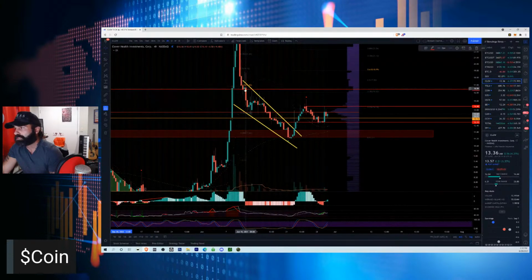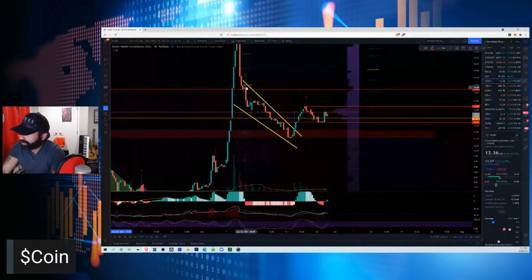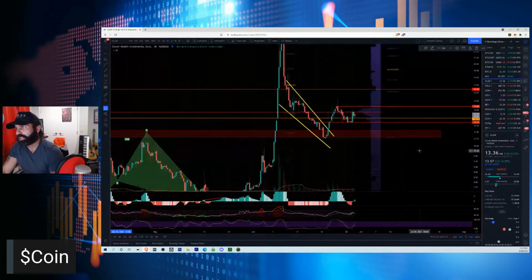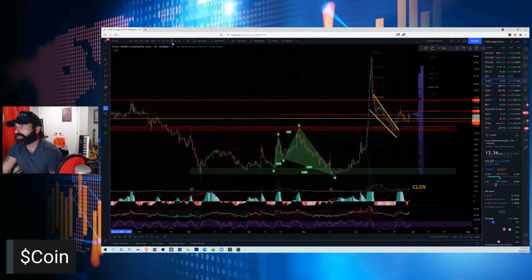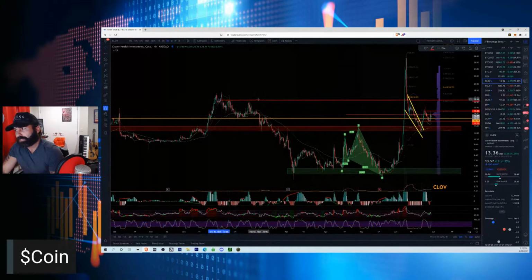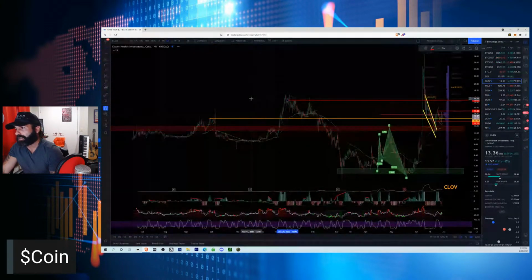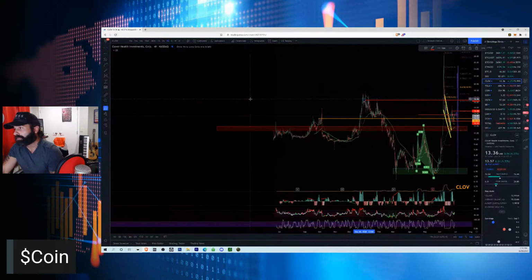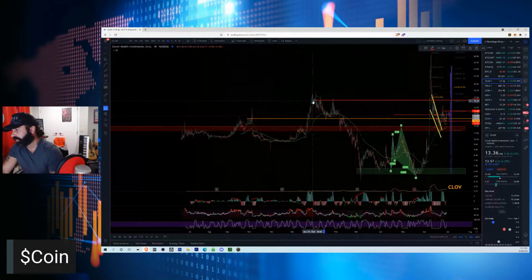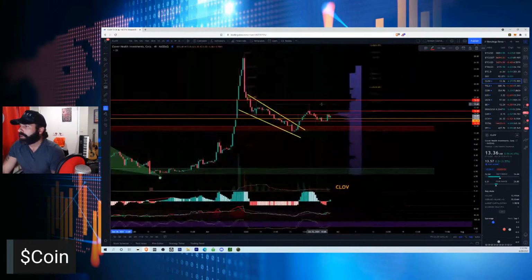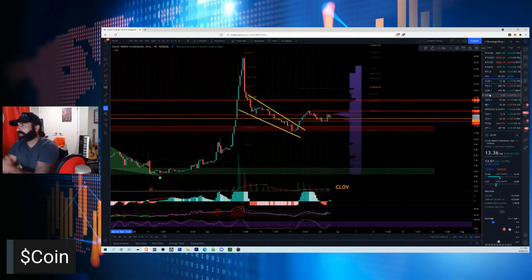That could be a zone where we might want to take profits, because we might catch resistance once again on that zone. And it looks like historically we've respected that as resistance a few times, back in December of last year. So that's all I got really for CLOV.